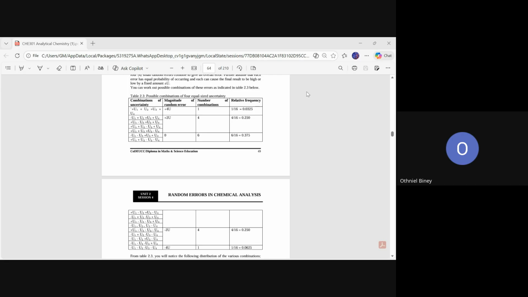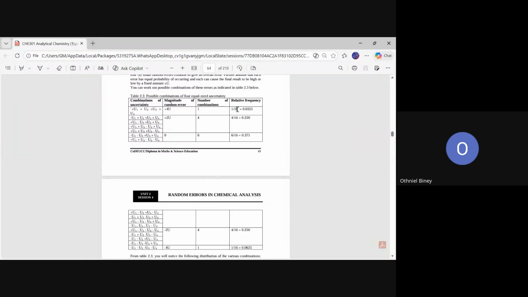All right, let's just do something. So this is the table given, right? These are the combinations of uncertainty, magnitude of random error, number of combinations, and relative frequency. Now you can see 16 here. I just want us to rush through it quickly.